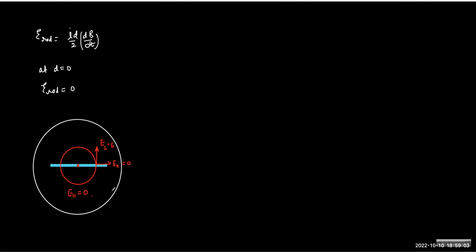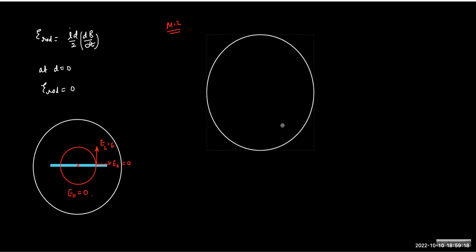So now, do we need to do this rigorous calculation to get the answer? The answer is no. You can do it very easily. So method 2 is pretty easy. I gave you a question like this, right?